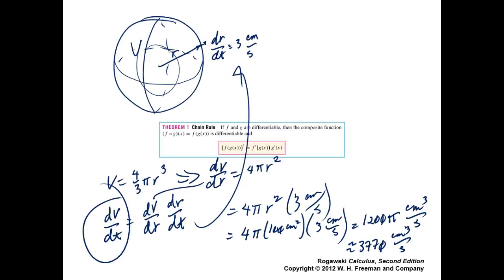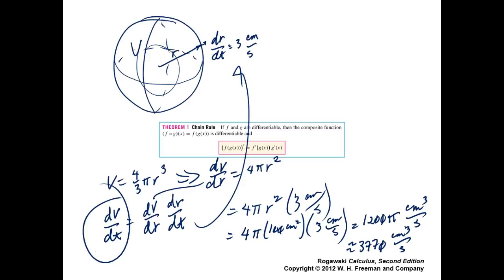Now, remember on the last slide, I said, if there's an intermediate variable, and obviously there is, see, this has nothing to do with time, right? This is V and r. So there must be an intermediate variable of r. So dV dt would be dV dr times dr dt. Looks like the dr's cancel out, we've got the same thing, right? They don't, but that's a warm and fuzzy saying, yeah, this feels like it's the right direction.